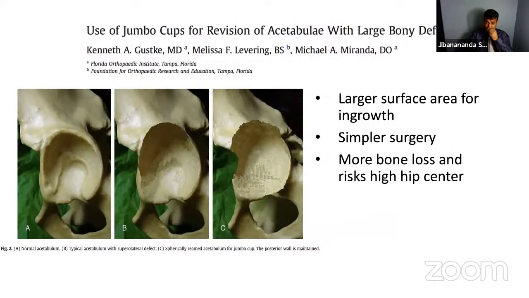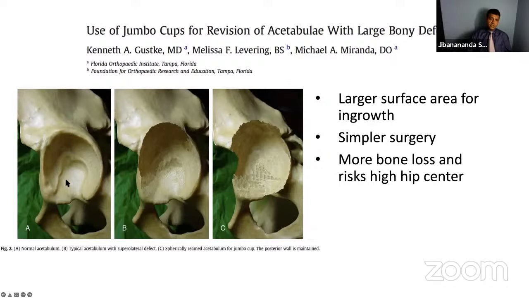Use of jumbo cups usually gives a larger surface area for ingrowth. It's a little simpler surgery, but again, you lose more bone, and it produces a slightly high hip center. But it avoids all this grafting, augmenting, or various other reconstructive options. So certainly an easier technique when possible.